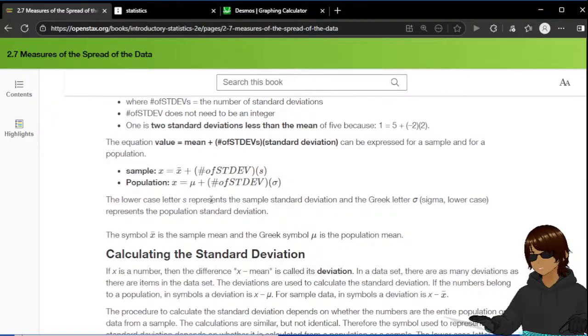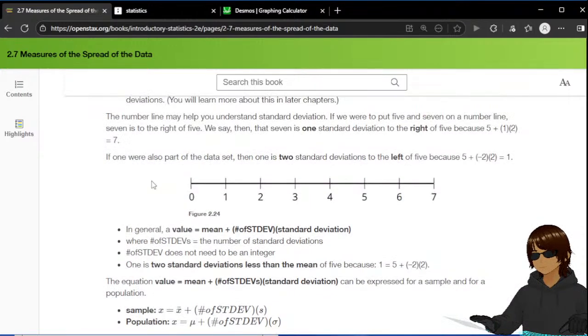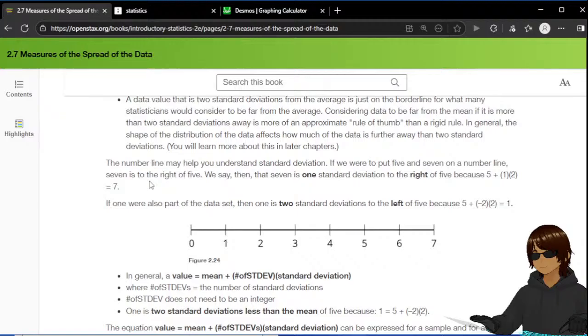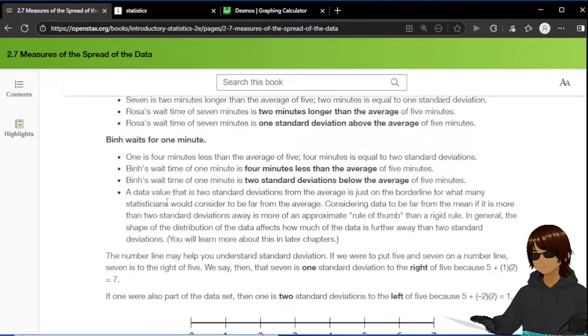The lowercase letter s represents the sample standard deviation, and the Greek letter sigma represents the population standard deviation. The symbol x-bar is the sample mean, and the Greek symbol mu is the population mean. A data value that is 2 standard deviations from the average is just on the borderline for what many statisticians would consider to be far from the average.